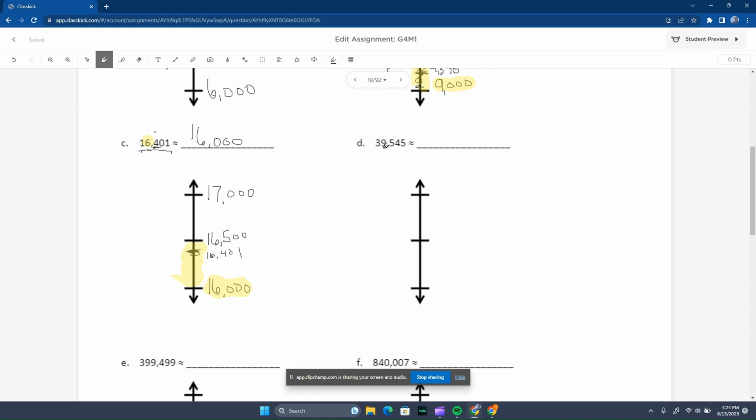Letter D over here is a little bit tricky because now we have that 9 in our thousands place. So again, identify the digit in your place value you're rounding to. We have a 9 in our thousands, so 39,000 is my low number. 39,000 is going down here. And if I were counting by thousands, after 39,000 would come the number 40,000.